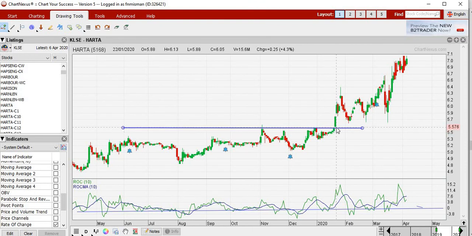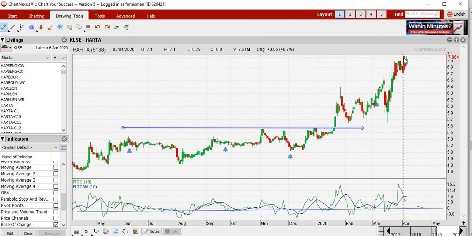Initially it was around 5 ringgit 50 cents, now the price is almost 7 ringgit. So it has already increased about 1 ringgit 50 cents. In my opinion, it may take a break and create a correction before it continues the uptrend.